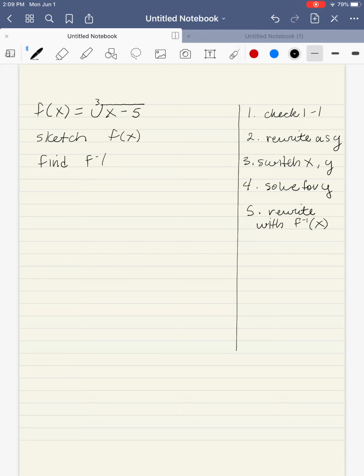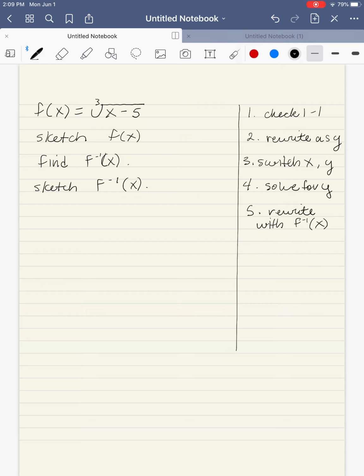Then we're going to find f inverse of x, and then we're going to sketch f inverse of x. And we're going to use transformations doing that as well. So I want you to actually do these steps yourself.